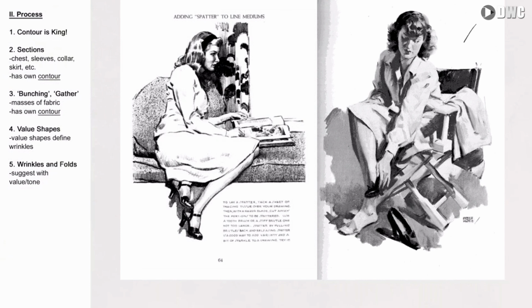Her upper body as well, her jacket. But because the contour is drawn so well, and obviously it's a light fabric, he was just able to, boom, hit a nice touch of a dark accent. Right there's the cast shadow basically. So a little value shape, helping to show a wrinkle and separation of the sections, right?